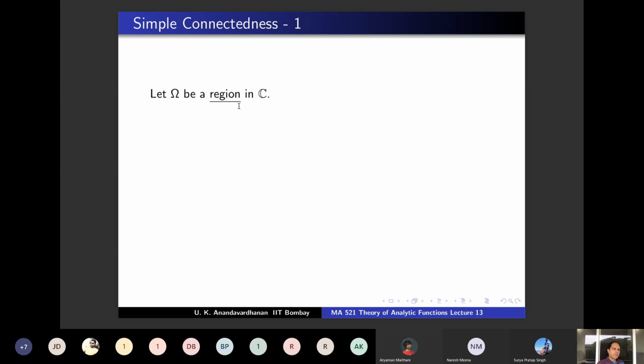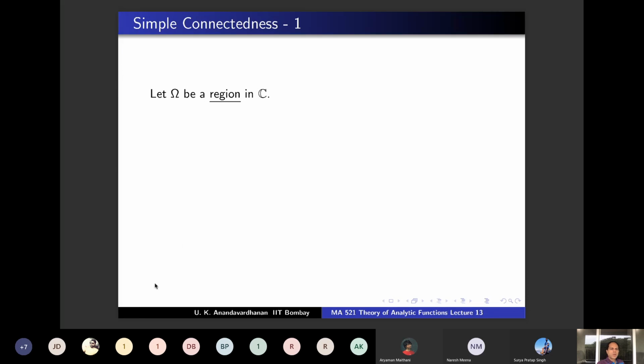For a region, we want to give different characterizations. Most of this we have already done, or if not, it's easy, except one thing, which is the last slide. The 9th slide will have something which is not easy at all, and except that everything will be easy. So slide number 9 will have an important remark. All other 8 slides will have very easy things.